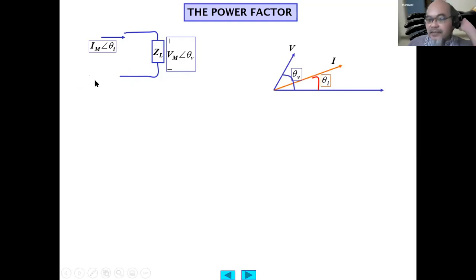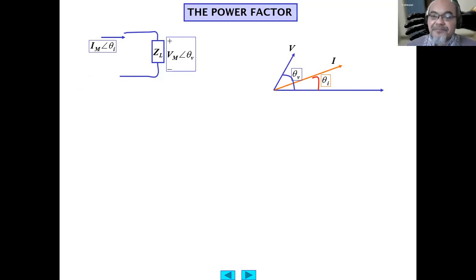Depending on the impedance, whether it is inductive, resistive, capacitive, or a combination such as resistive and inductive, the voltage will have a leading or lagging phase relative to the flowing current.